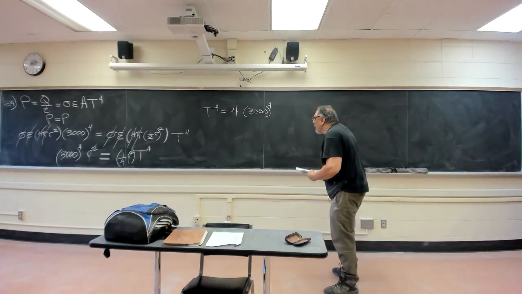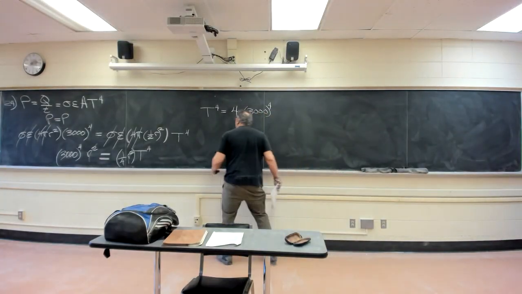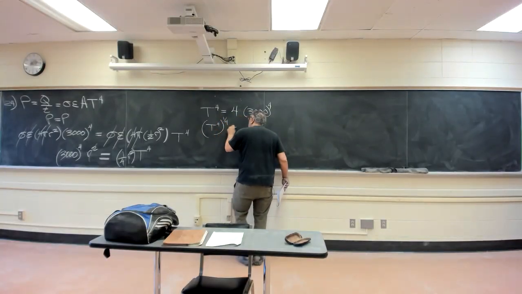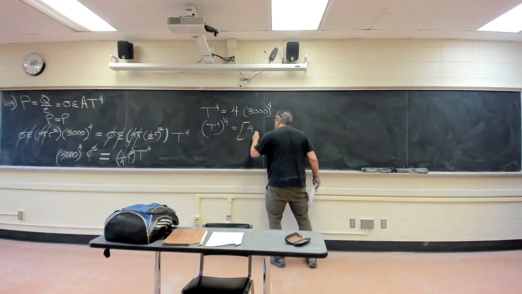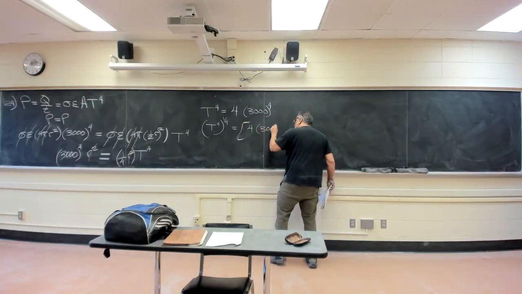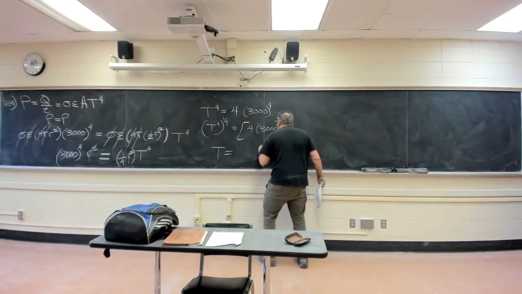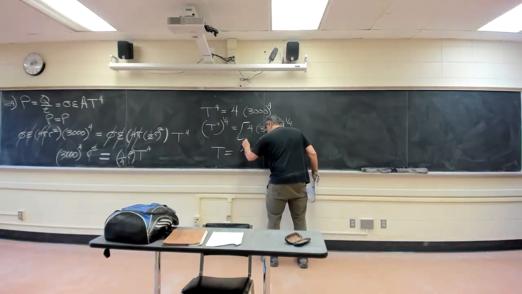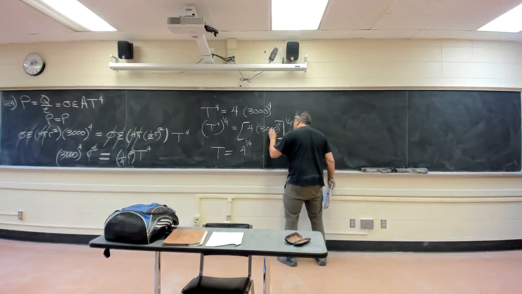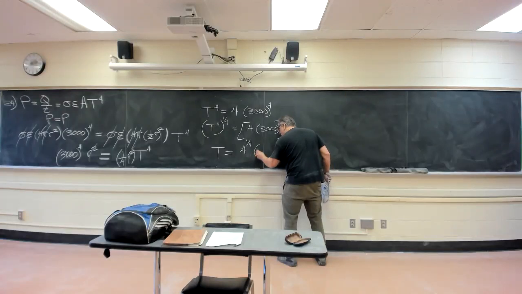Okay. Let's get the fourth root on each side. Let's get the fourth root of this product. The fourth root of this is just T. Bring it inside, give me the fourth root of 4, whatever that's going to be. Give me the fourth root of 3,000 taken to the fourth power. The fourth root of 3,000 taken to the fourth power is 3,000. That's the big move.